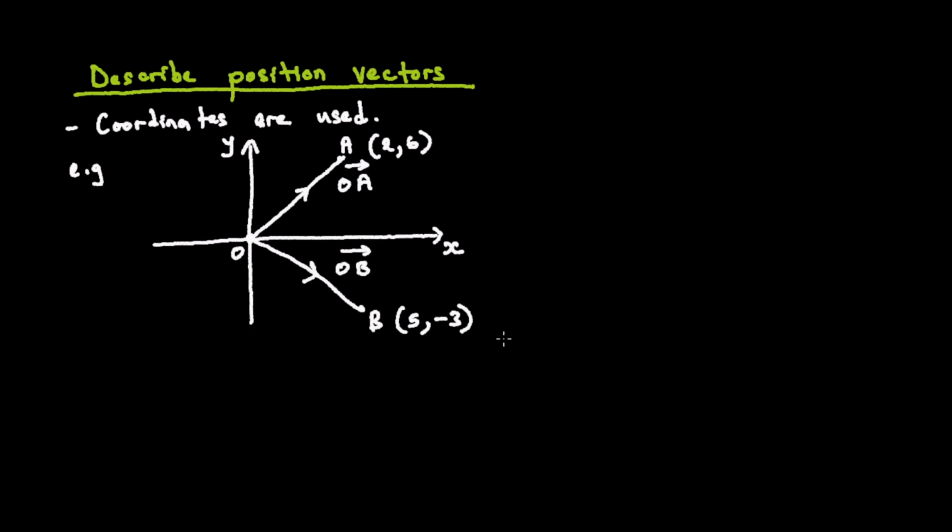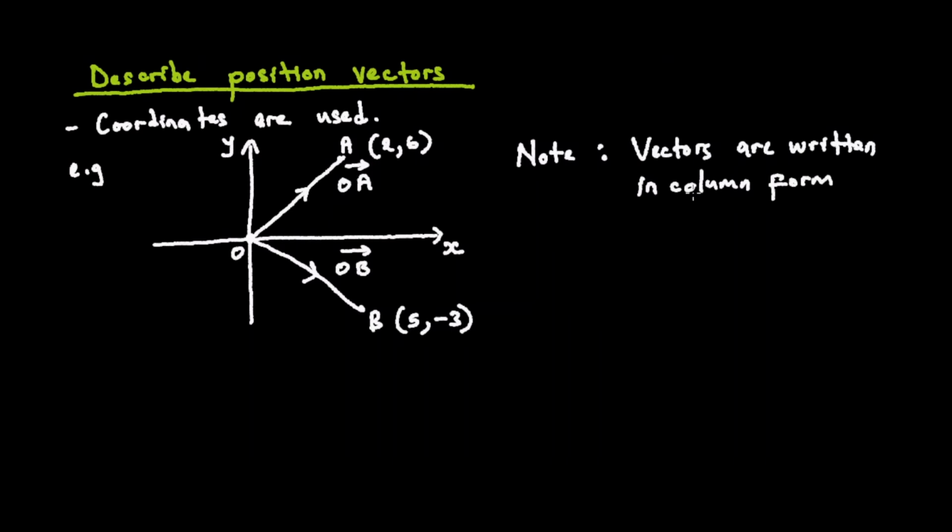We now have position vectors. But how exactly do we name them? When we want to name them, what we should notice is that vectors are written in column form.